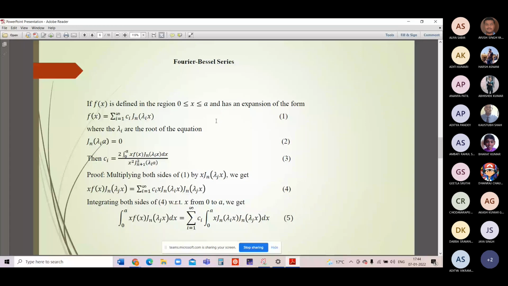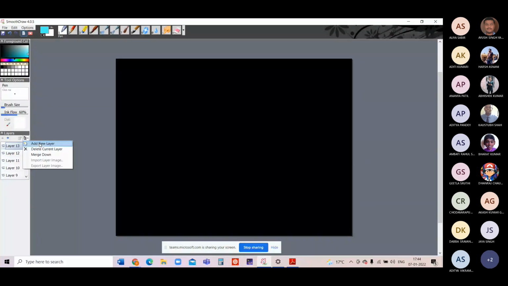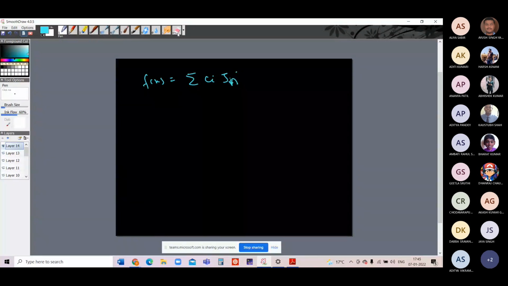Taking equation 1, f(x) is equal to the summation, i going from 1 to infinity, of c_i J_n(lambda_i x), which can be written as c1 J_n(lambda_1 x) + c2 J_n(lambda_2 x) + c3 J_n(lambda_3 x) plus so on, where n is fixed.